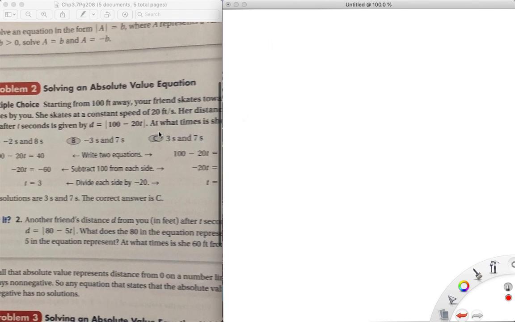Alright, so this is a word problem, but I'll solve the number part. So we have the absolute value of 100 minus 20t, and it's equal to 40. This is a positive distance.